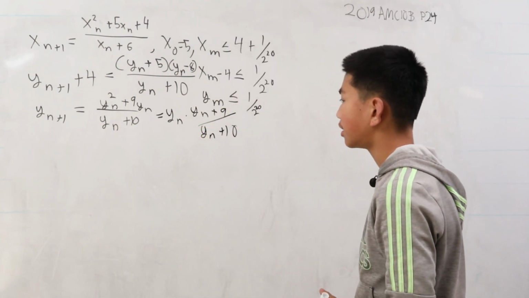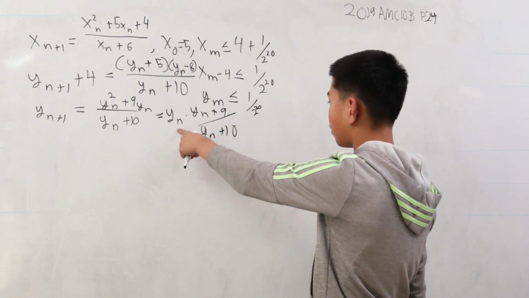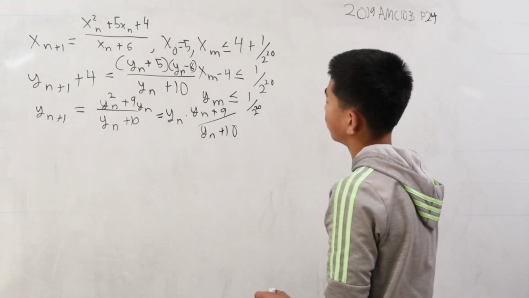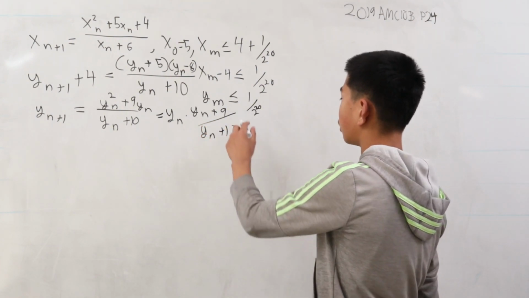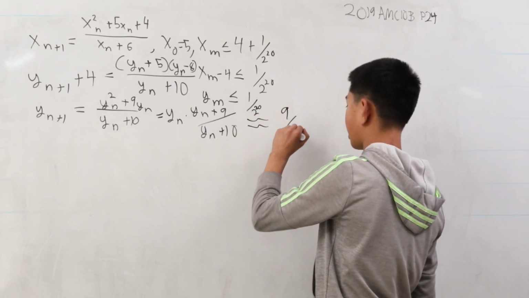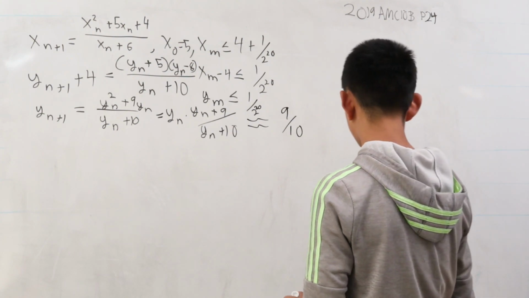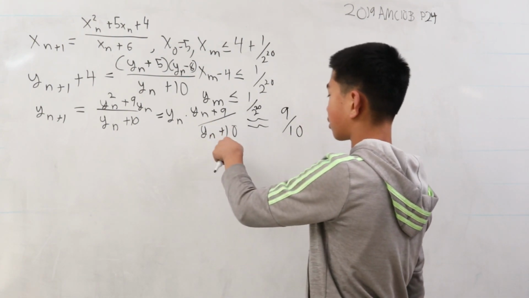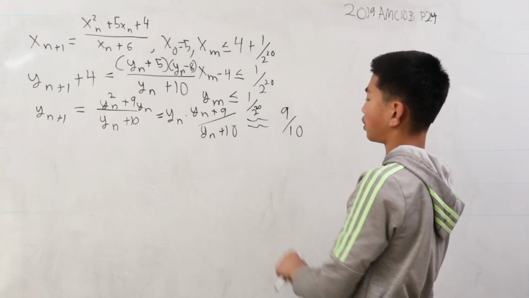Now we clearly see as y of n gets smaller, this gets closer and closer to the fraction 9 over 10. So this is approaching 9 over 10.